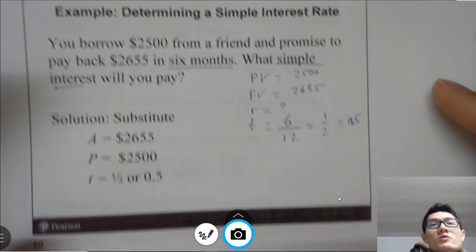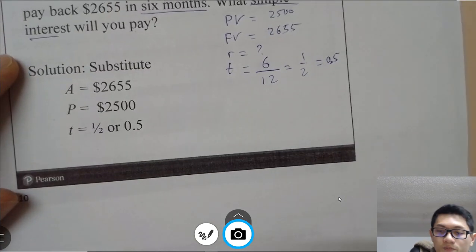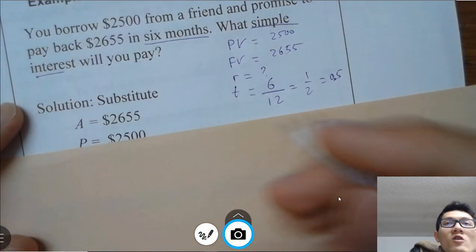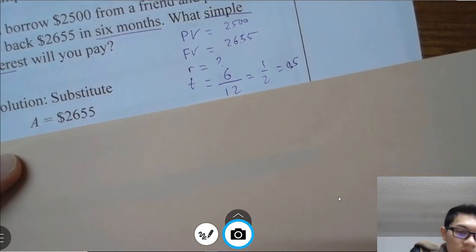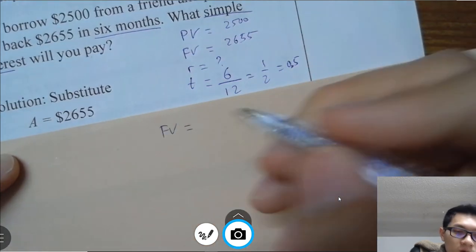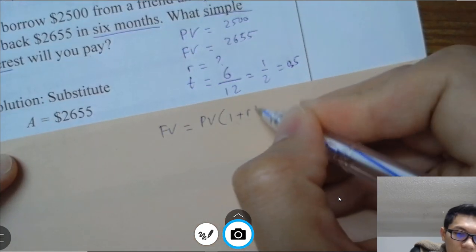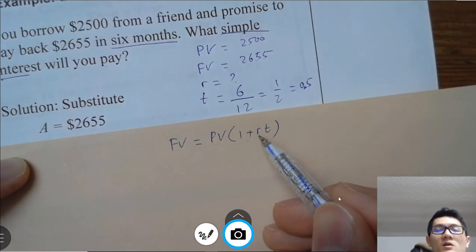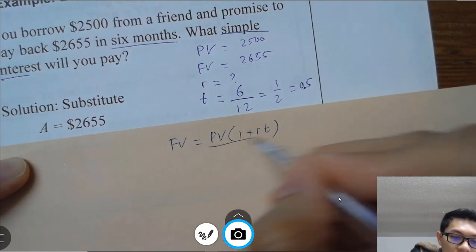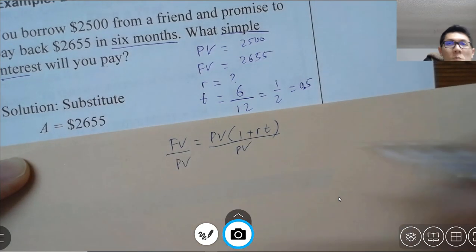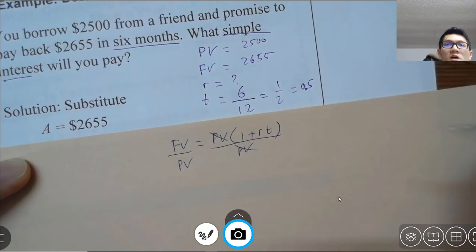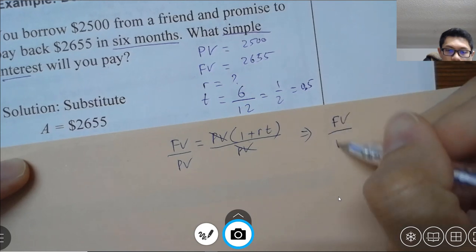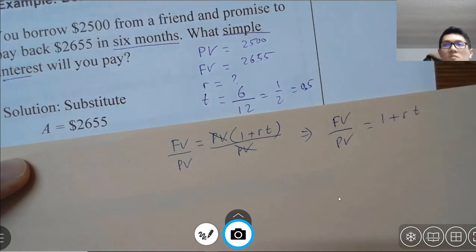All right, so let's do this problem together. Remember there is a formula: future value equals present value times 1 plus RT. You are looking to solve for R. So I go ahead and divide by PV on both sides. I get FV over PV equals 1 plus RT.